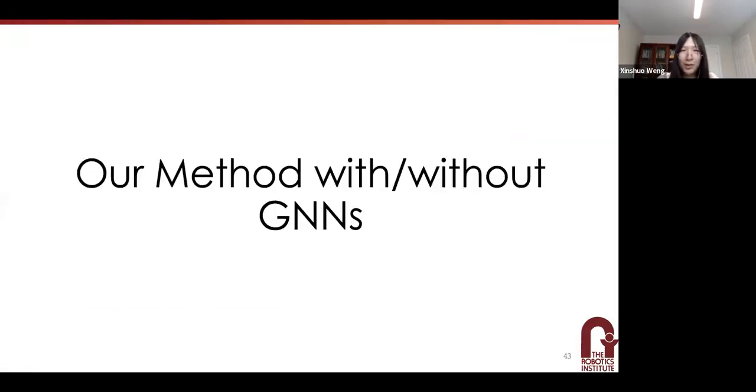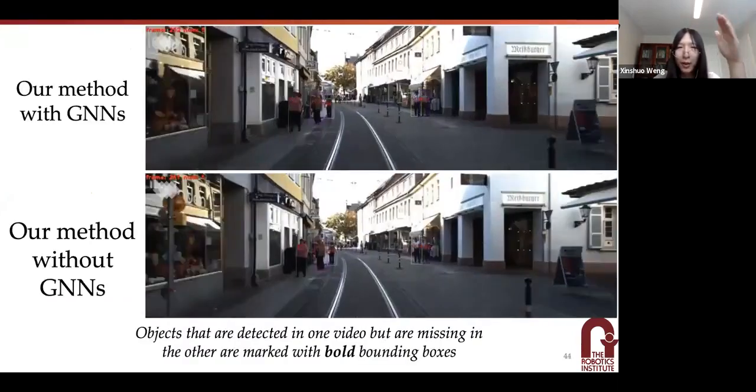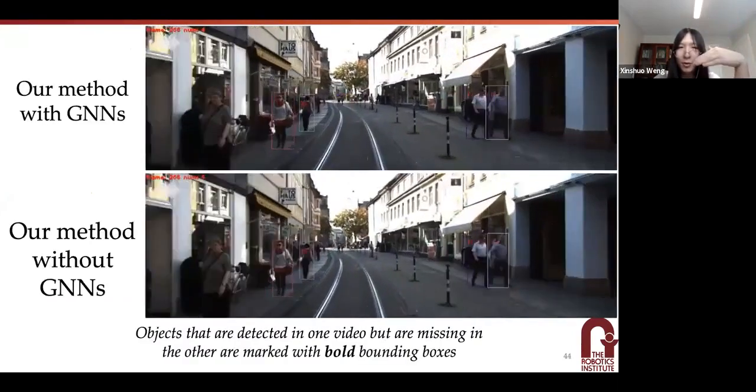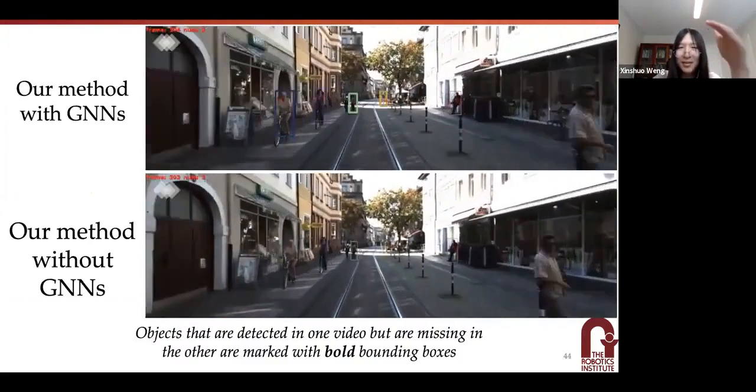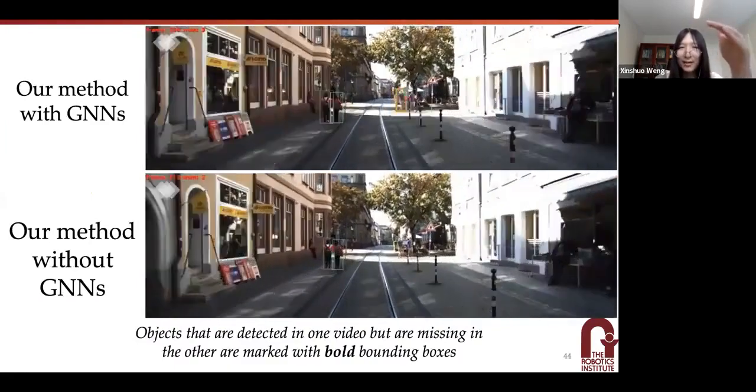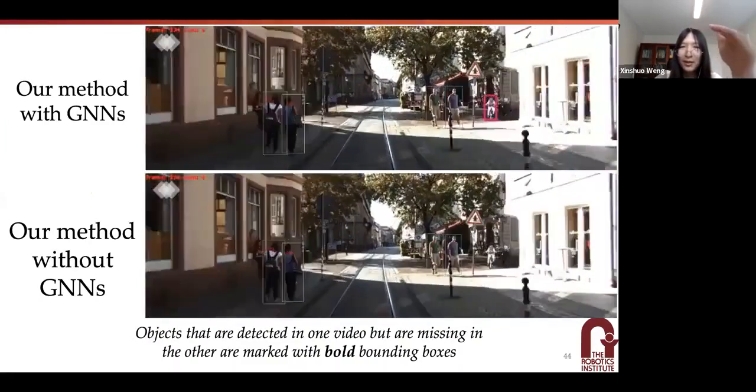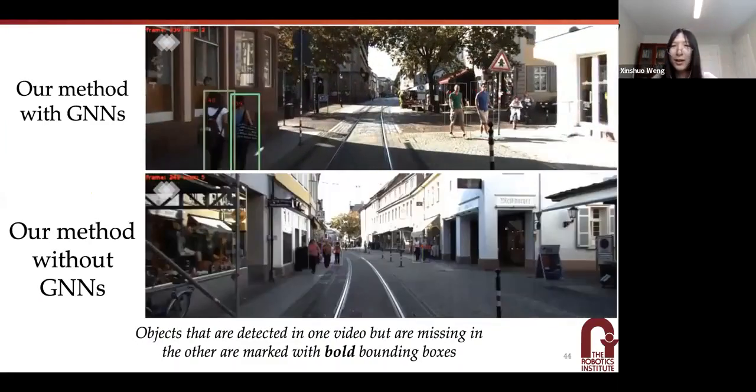I guess it's more interesting to show some analysis, like if we disable the graph networks, how will it change, right? So this is more like an ablation study. If you compare the top and bottom rows, the bolded bounding box is something good. It means that we can detect this object in this frame with this method, but cannot detect it in the other frame.